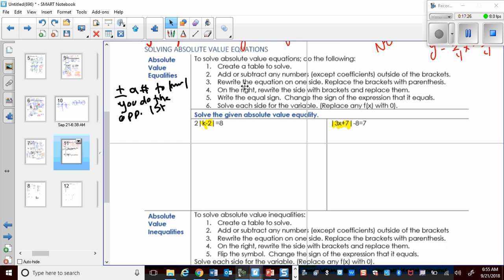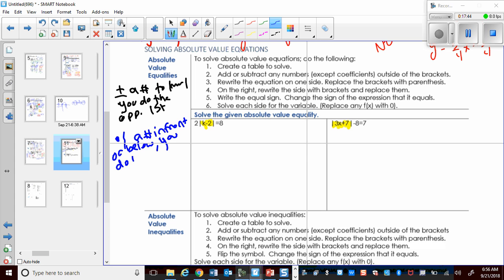Now, if you are multiplying or dividing a number in front or below, you do the opposite. Adding or subtracting always comes first. It's like a backwards way of solving for y, or solving for a variable.